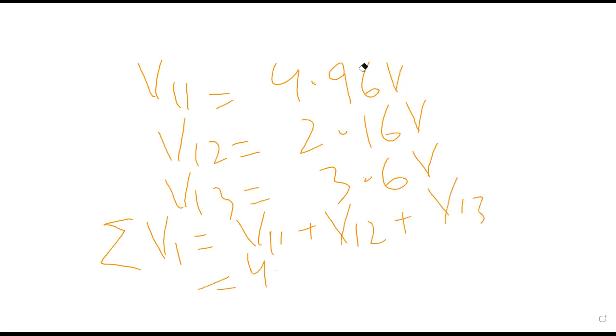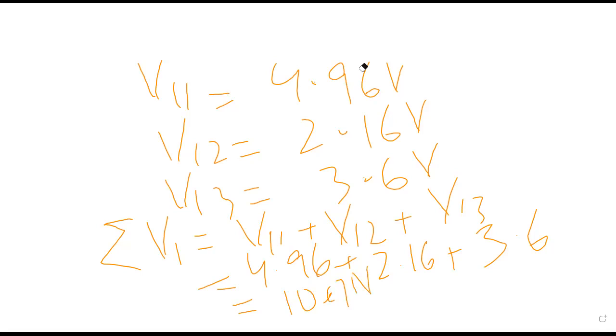So this must be 4.96 plus the value of V12, 2.16, plus V13, 3.6. So the result is about 10.71. That is the value of V1, the summation, for this circuit.